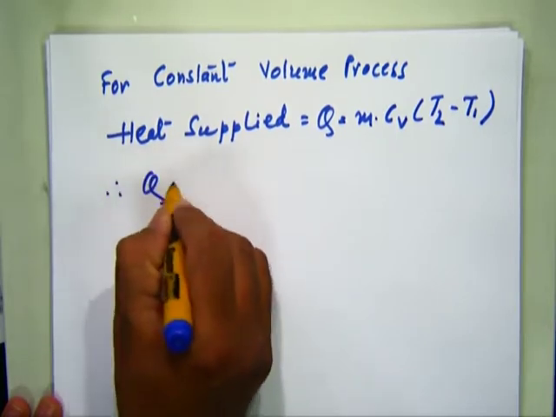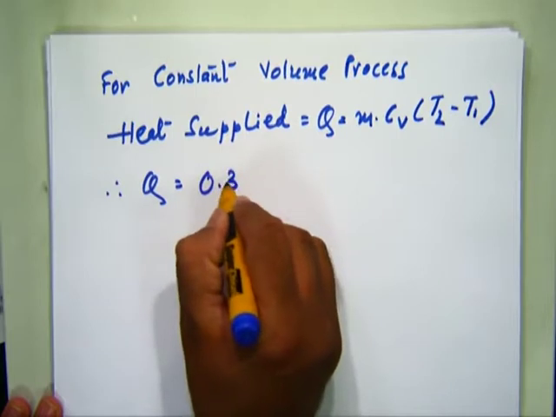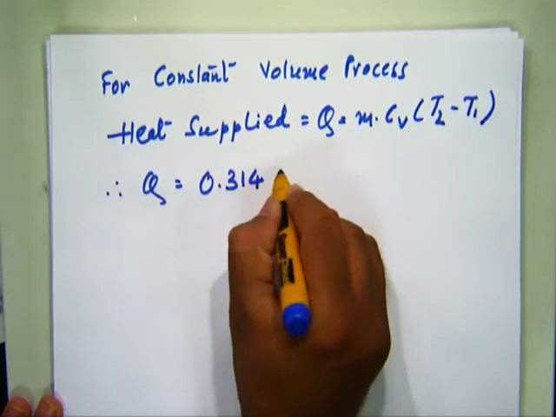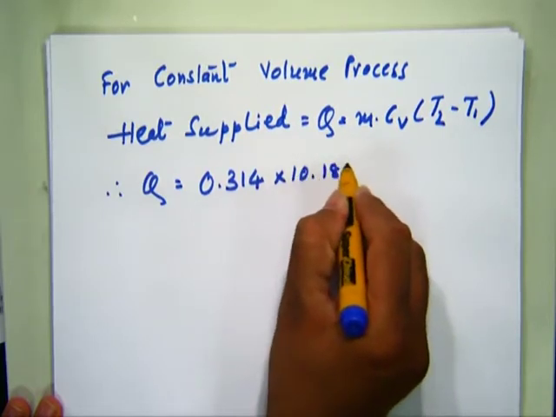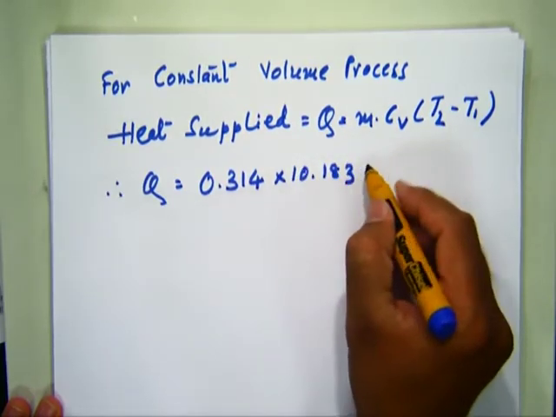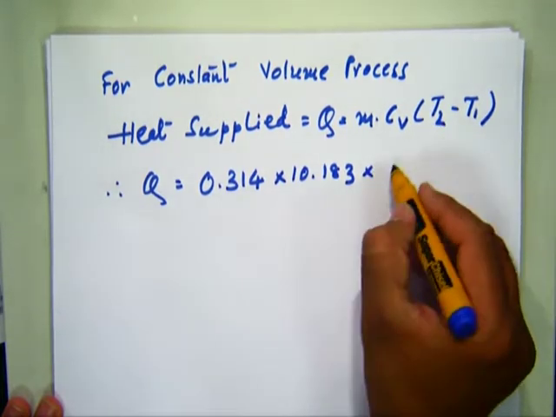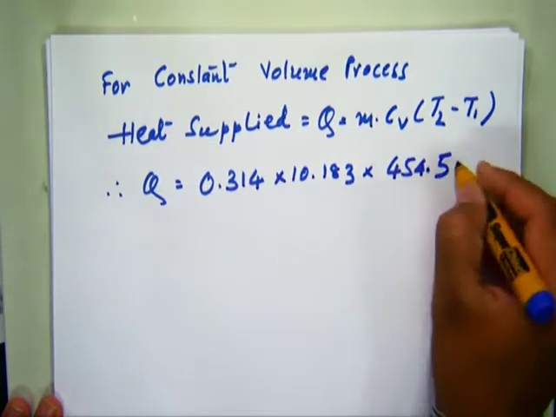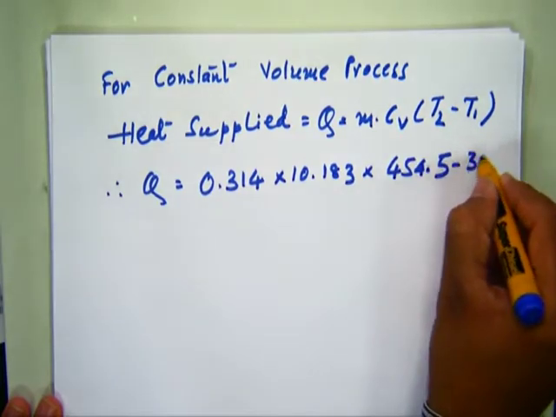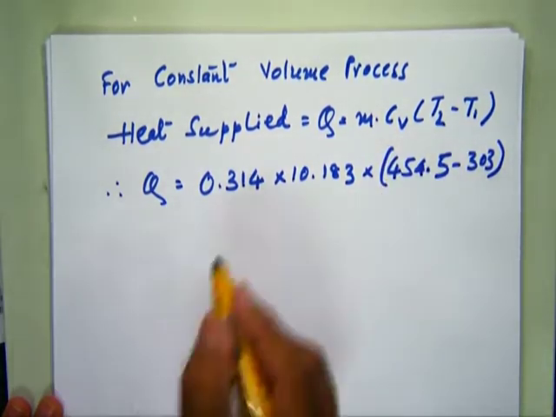Therefore, Q is equal to M. M is 0.314, into Cv is given 10.183, and in our case T2 is 454.5, T1 is 303.